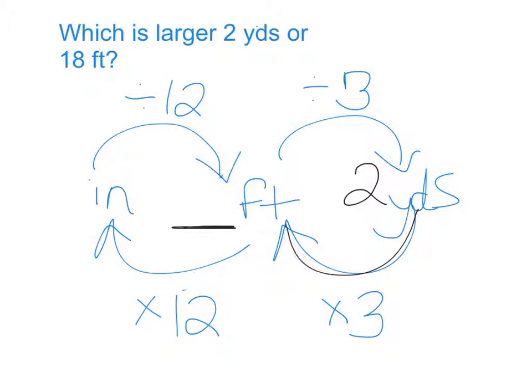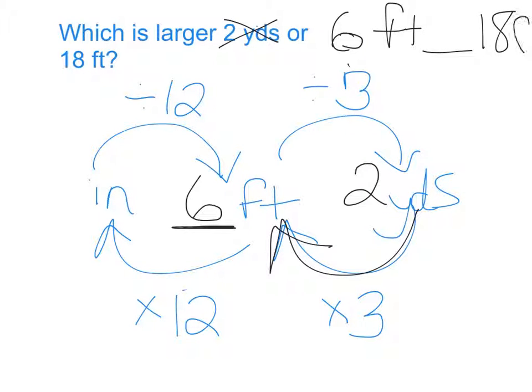So I'm going to follow my arrow. 2 times 3 is 6. So no longer do I have 2 yards, I have 6 feet. Can I tell which one is larger? Absolutely. So I'm going to pick 18 feet as being the larger unit.